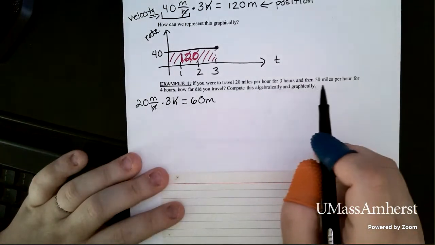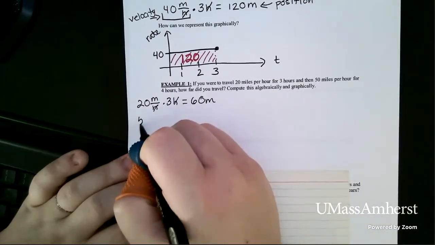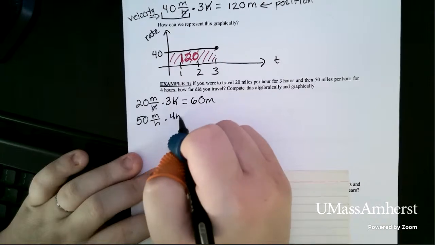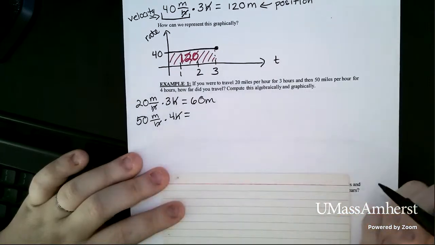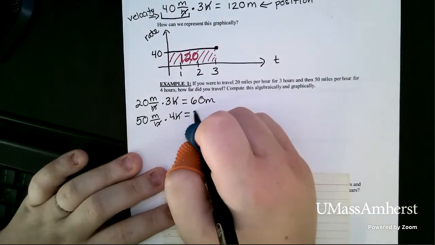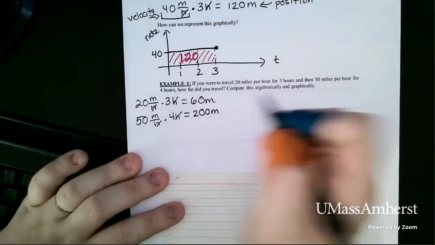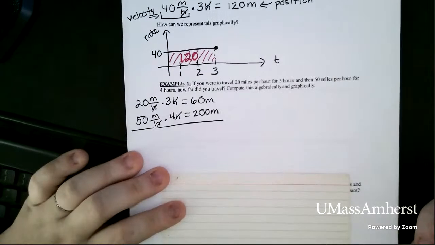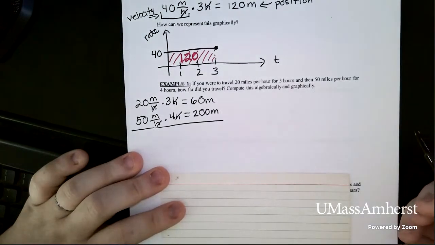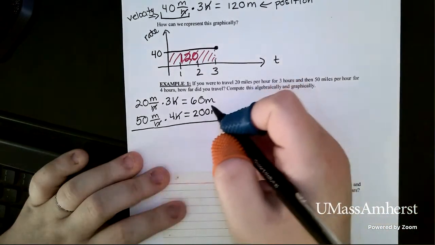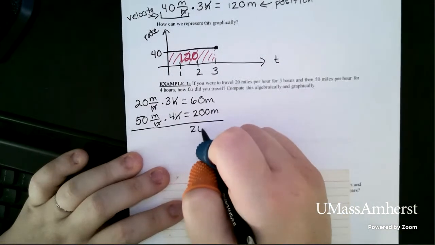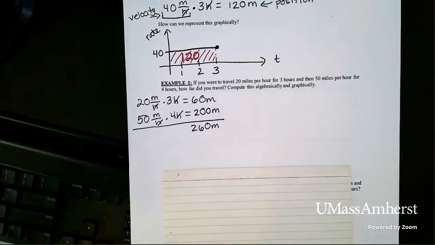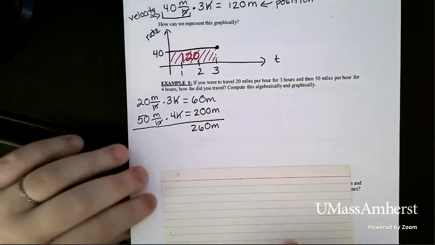The second part of the trip, we went 50 miles per hour for 4 hours. So again, the hours units are going to cancel, and that gives us 200 miles. And so our total distance here is going to be the addition of the two legs, right? Because we did this and we did this. So that's 260 miles. Okay, so that's how we would figure that out algebraically.